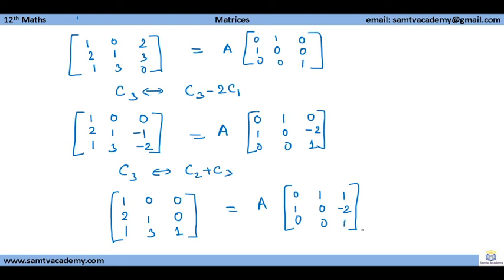Next, further we need the next step, so we will write the previous again for understanding.